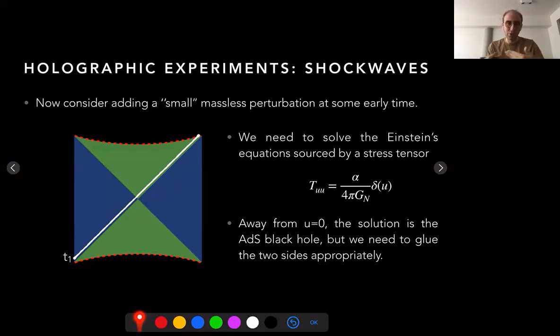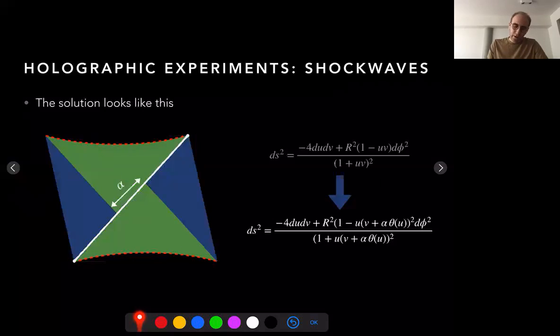So now you need to glue the two regions accordingly. And the solution is quite known by now and looks like this. So this is the new solution. This is the new Penrose diagram, and this is the way we are gluing the two horizons. There's a shift that is given by this constant alpha between the two horizons.